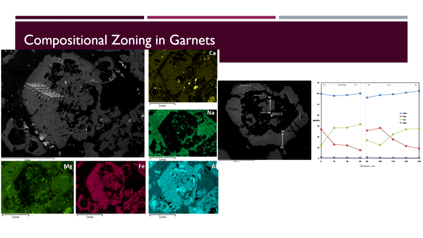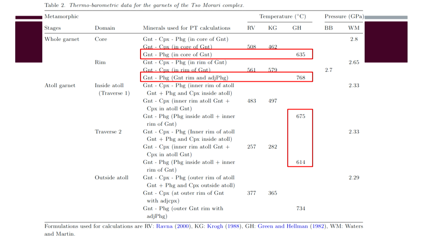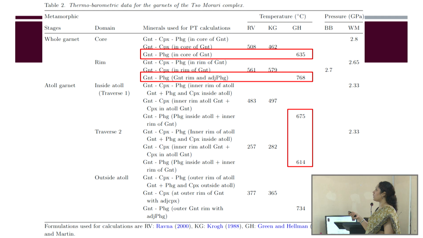And of course we then used coexisting mineral phases like phengite and garnet, phengite and CPX, garnet and CPX to calculate temperatures, at what temperatures these minerals were equilibrating and remaining stable. We did that for the whole garnets. The core, like I said, was full of inclusions, so we used the phengite and the CPX in the core of the garnet to come up with temperatures, and we used different thermometers.